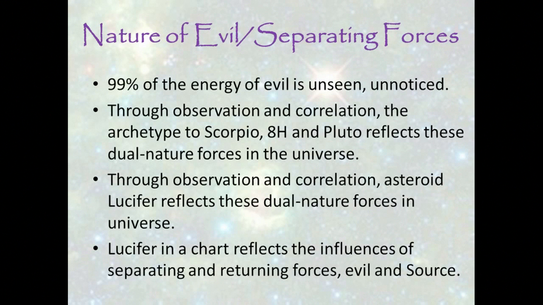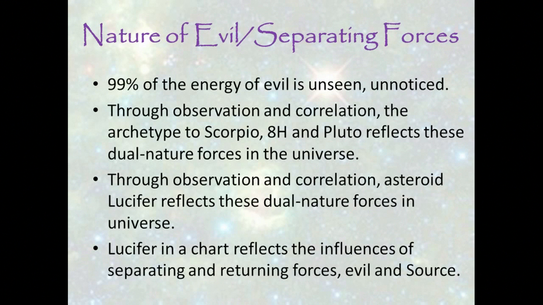We also, though, find in observation and correlation in the universe that the asteroid Lucifer comes into play as also specifically reflecting this dual nature force, separating and returning, in the universe.